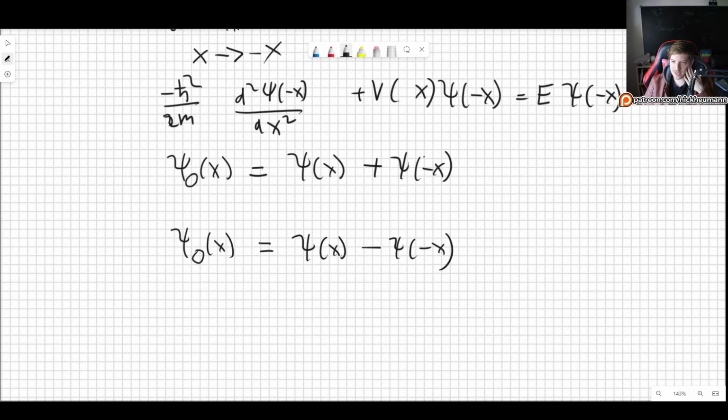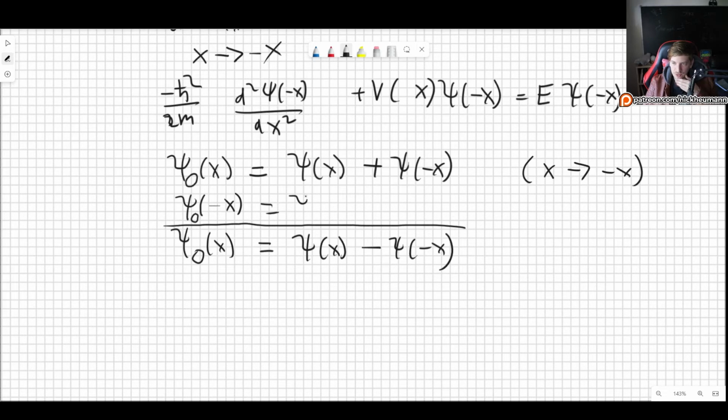Now, what happens if in this equation I go from x to minus x? This is the parity transformation. Not really relevant, but it is important, though not for now. It will come much later in these courses. I just want to introduce you to the term. Okay, so this would be psi of unknown name of minus x. I'm going to put a separating line there.